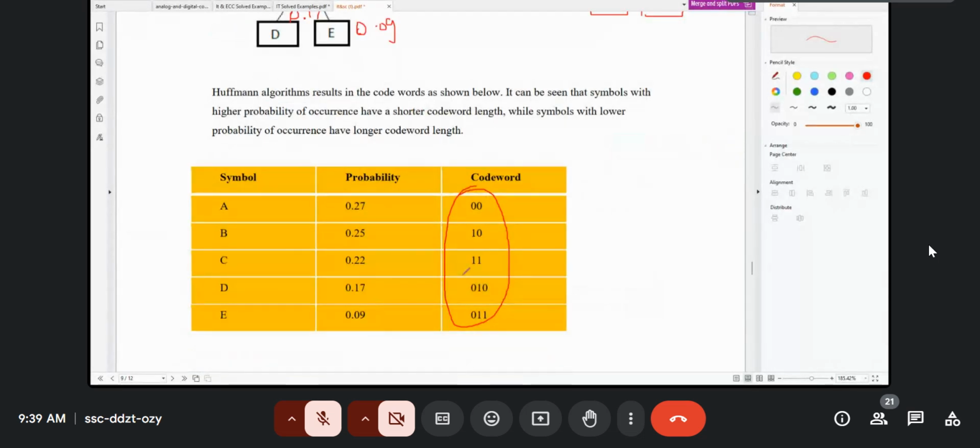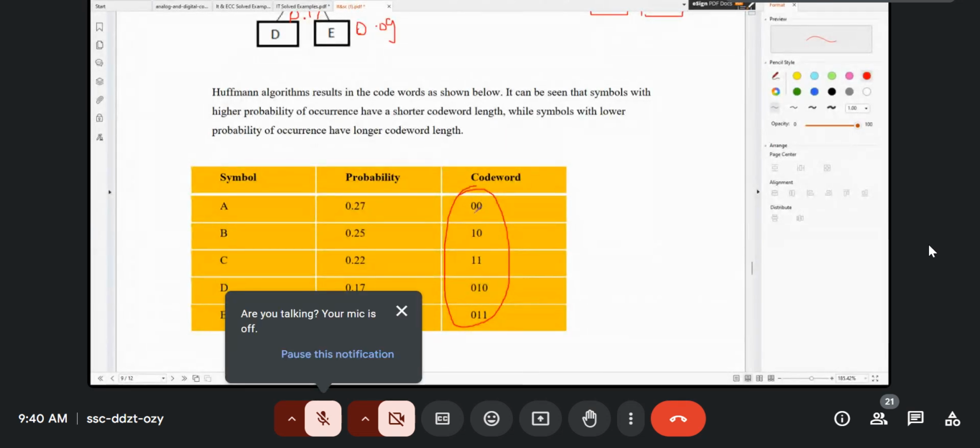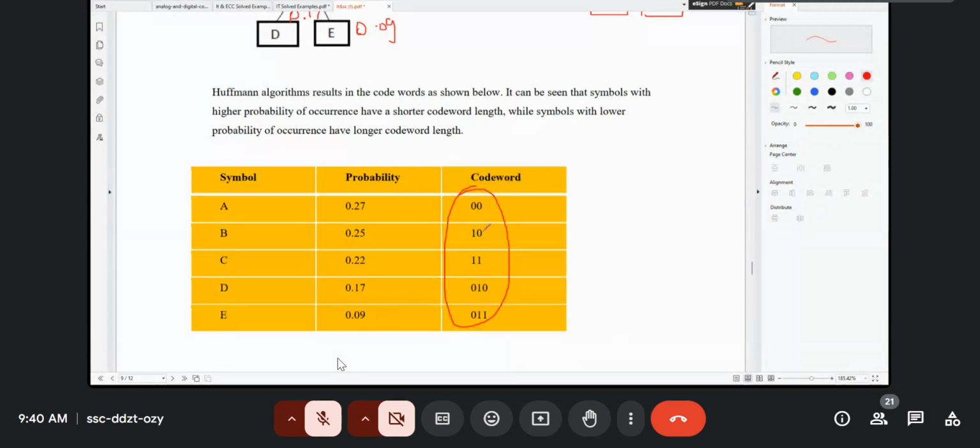And you can see what we have produced is actually prefix free. This is prefix free because this is 0, 0. So it means there is no other code that starts with 0, 0. There's no other code which has this as a prefix. Yeah. So the next is 1, 0.